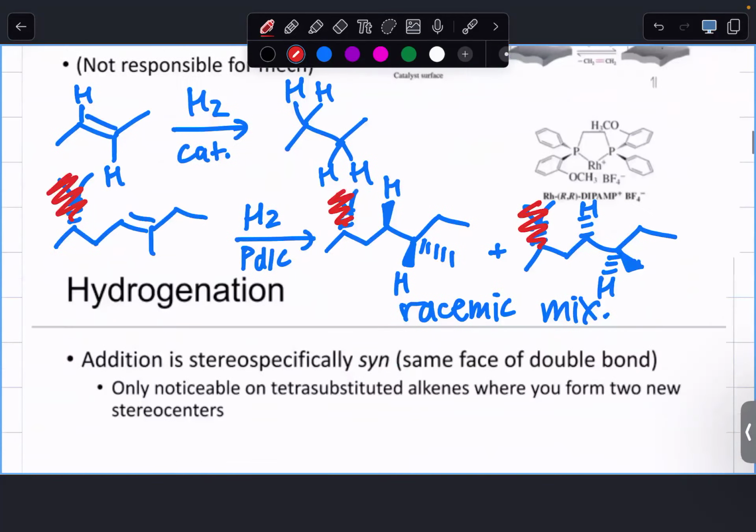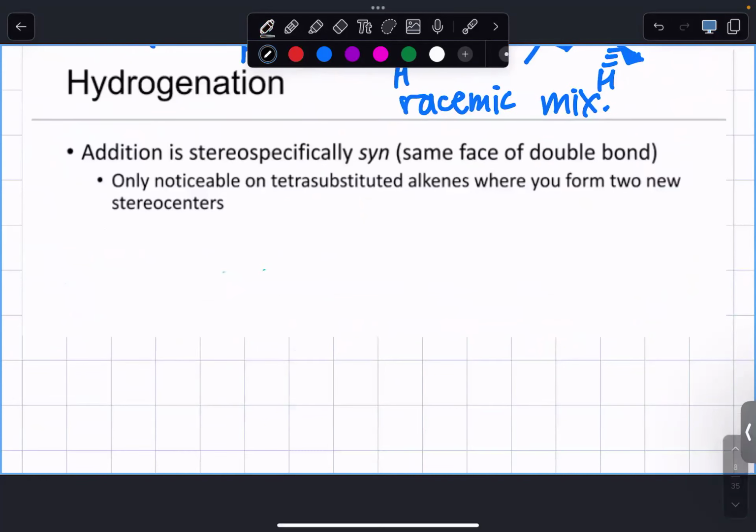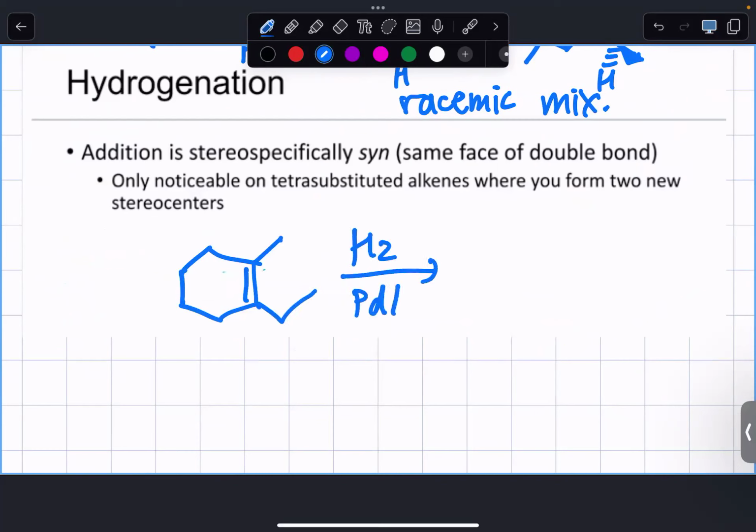Okay. So let's say we have this alkene right here. What do you guys think the product will look like here?